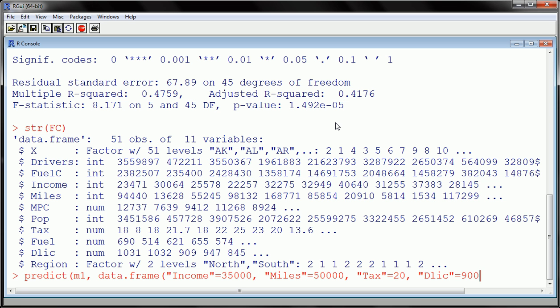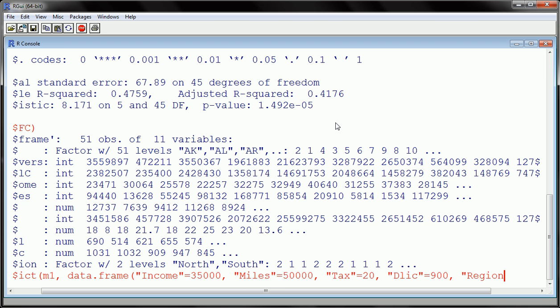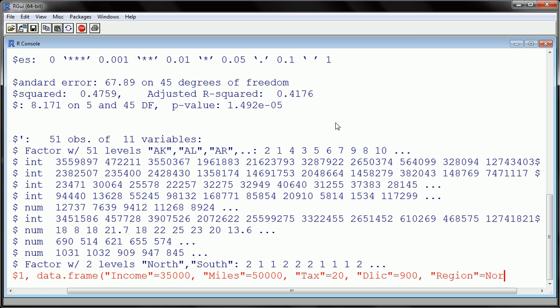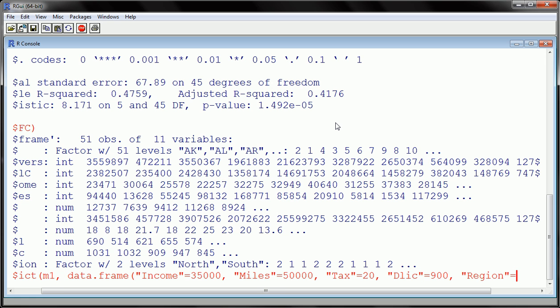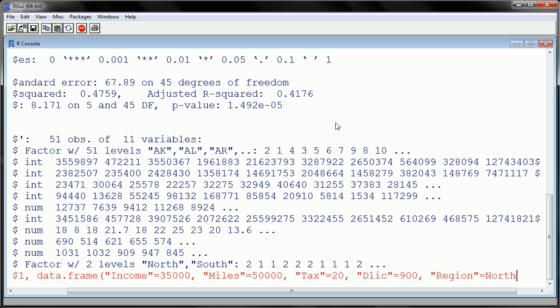I'm just making up these numbers, but they're reasonable looking at the data. And finally, the region is in the north. I may have to put north in quotes also. I'm not sure. Let's see if we get an error message. Let's close the parentheses. We've defined values for all 5: 1, 2, 3, 4, 5. Close the parentheses for the data frame, and close the parentheses for the prediction.